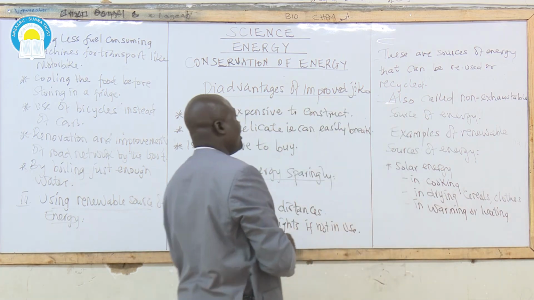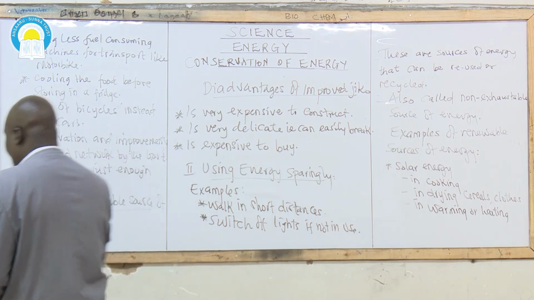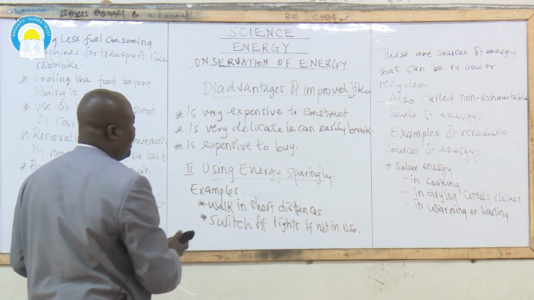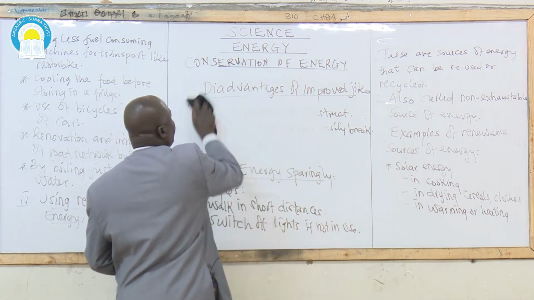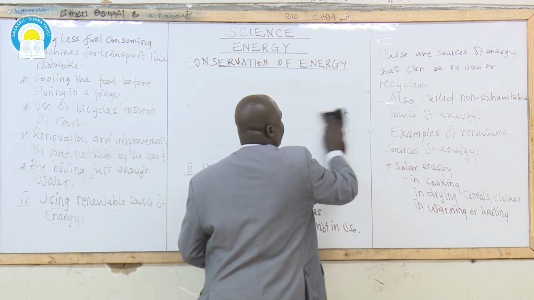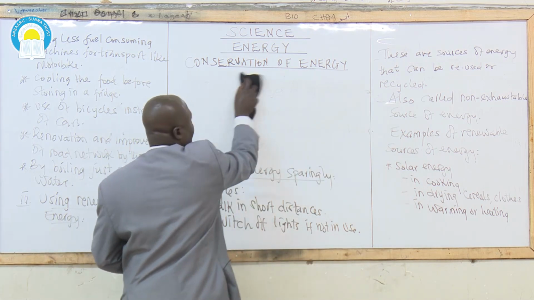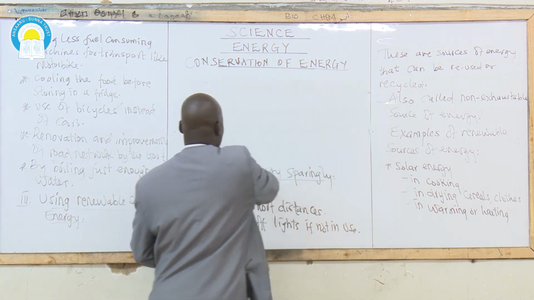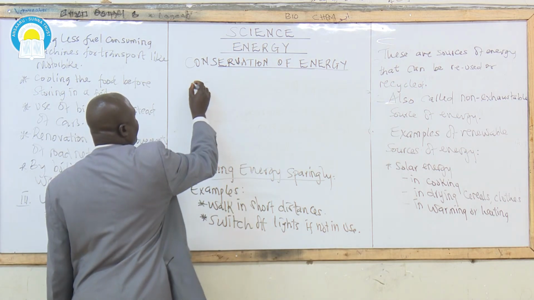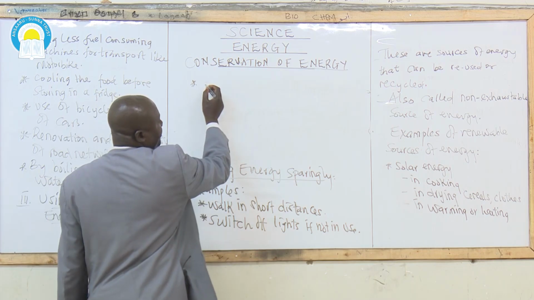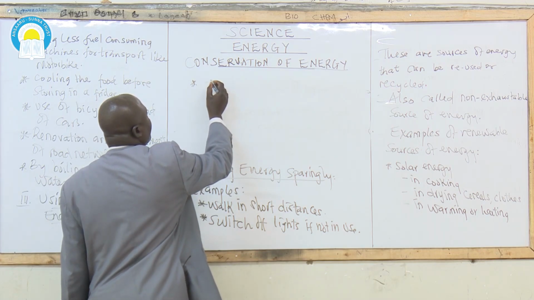Then under the same part of examples of renewable sources of energy, we also have what we call energy from animals. Energy from animals, that's number 2.